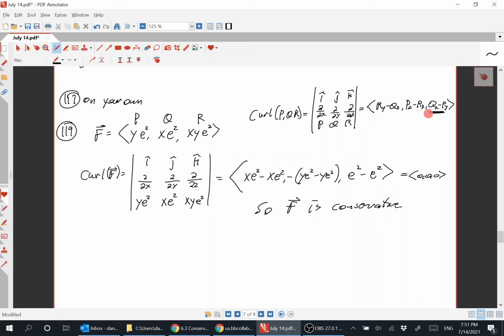That's the check in two dimensions, that z coordinate right there. That's not a coincidence. But anyway, this says that it is conservative.